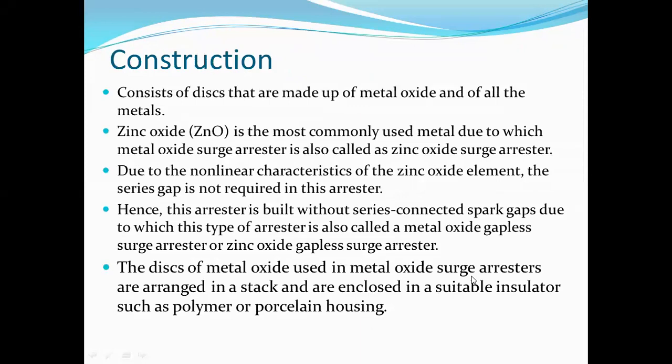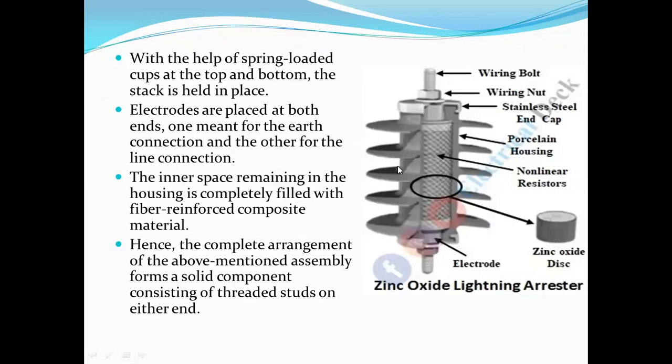Then we have seen the construction of the metal oxide arrester. Here we are using the zinc oxide disc. These discs are placed in such a way that they form a stack. There is a wiring bolt, a wiring nut, and two electrodes.